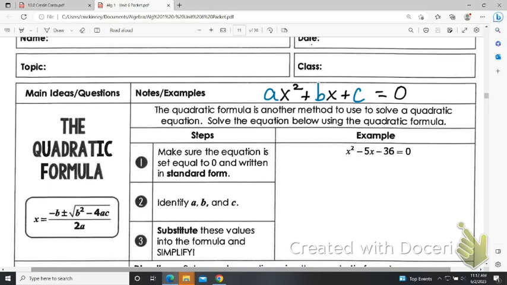Then we want to identify what is A, B, and C. And after you've done a few, it may not be something that you write down, but at first, at least, I'm going to model writing that down just so that it is very clear. So A in this case is 1, B is -5, and C is -6.